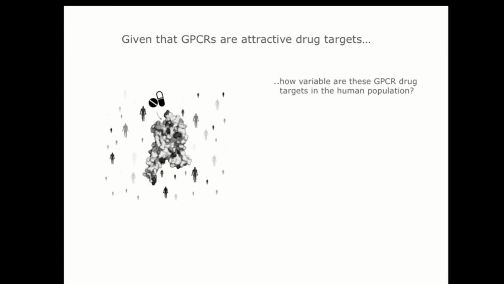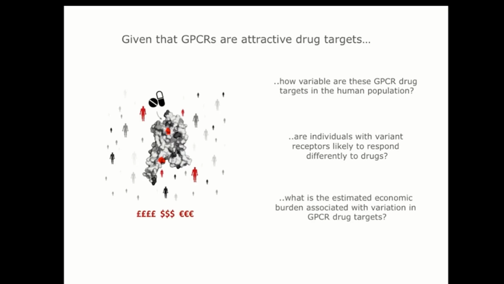In our study, we asked the following questions. How variable are these GPCR drug targets in the human population? Are individuals with variant receptors likely to respond differently to drugs? What is the estimated economic burden associated with variations in GPCR drug targets?